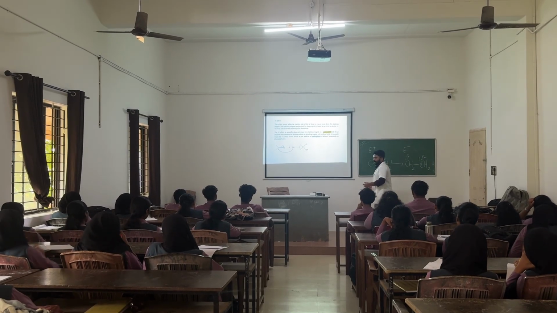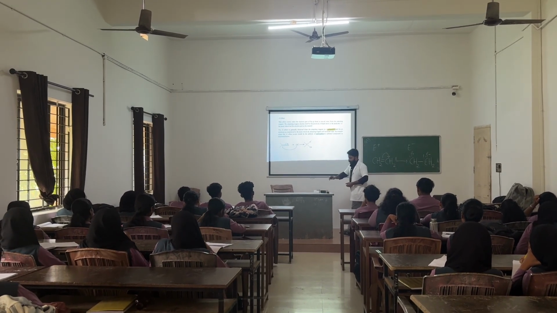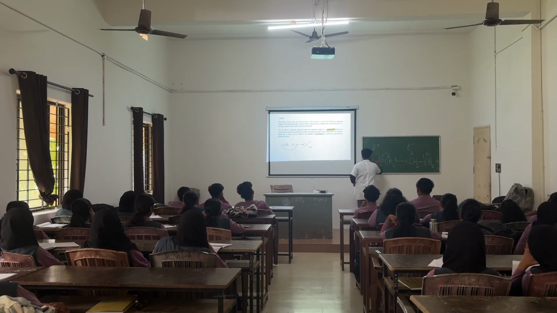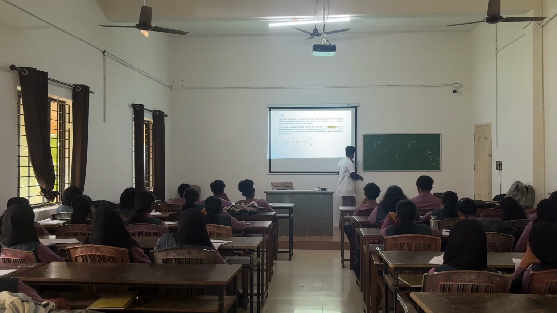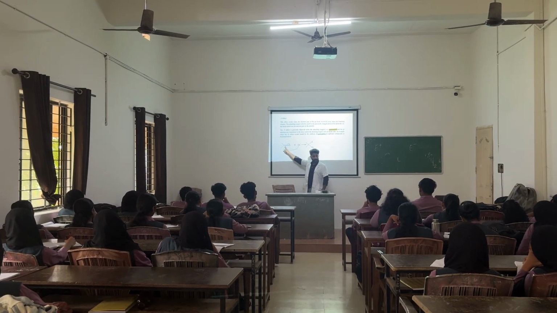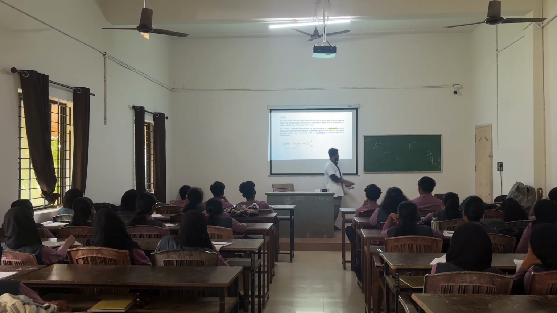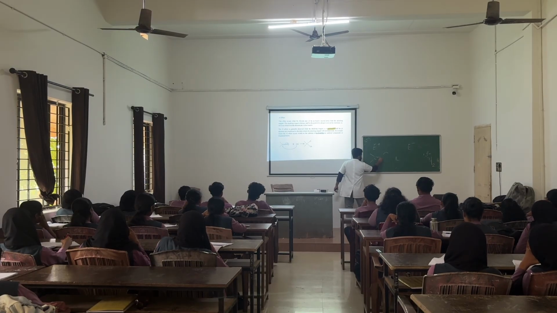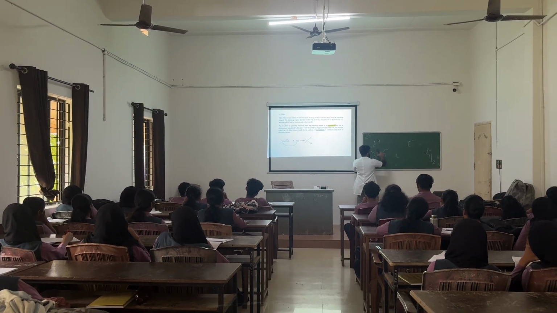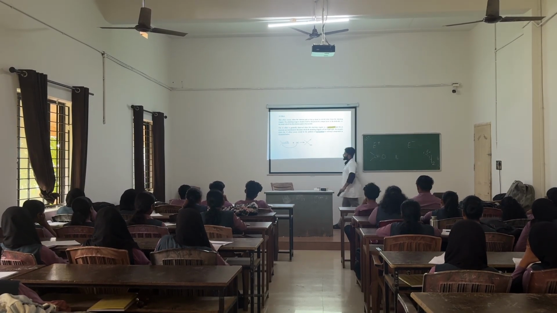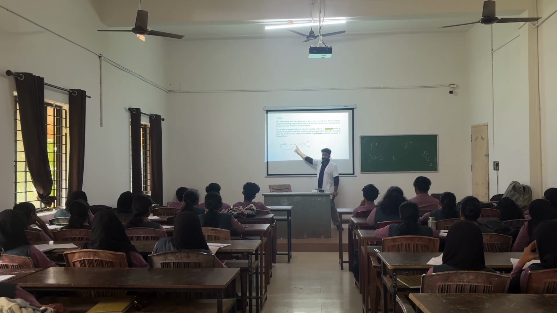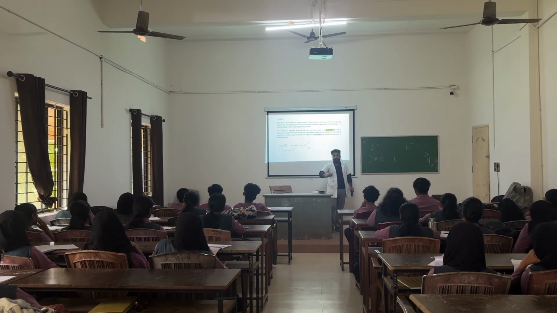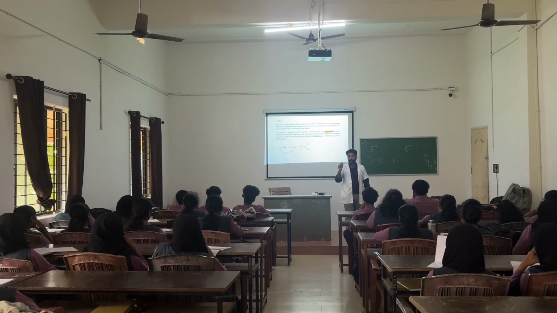In the case of the minus E effect, it occurs mainly in carbonyl compounds. Look here, C double bond O. We need an attacking reagent. Here CN minus is the attacking reagent, and CN minus is a nucleophile.